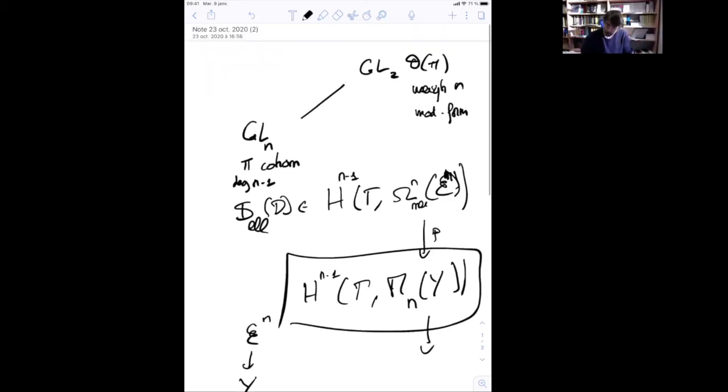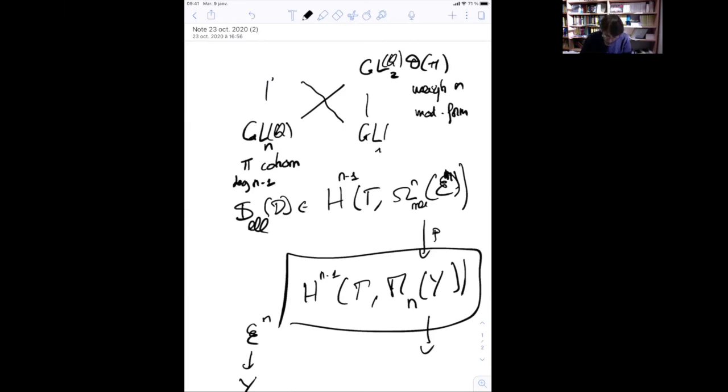And since you let me talk more, I will finish this and explain. I am a big fan of the Kudla philosophy, and so what I was describing is a theta lift from GLN to GL2.